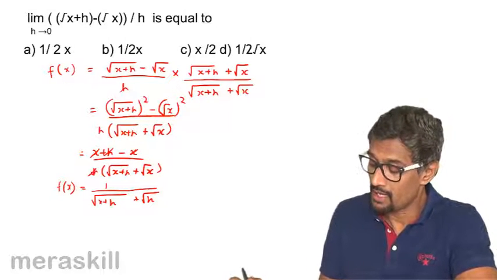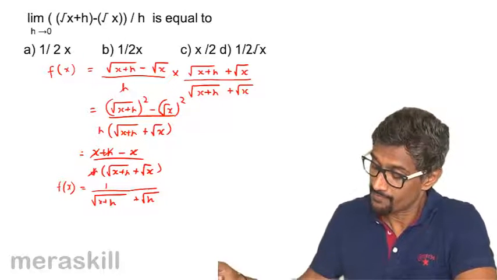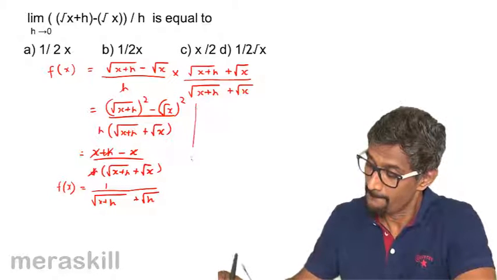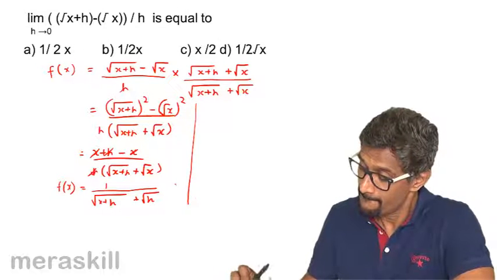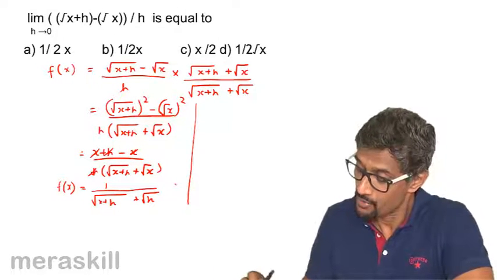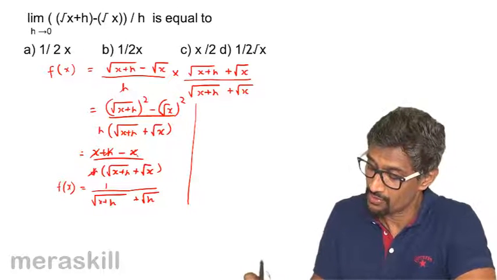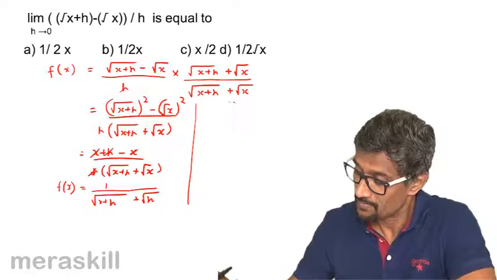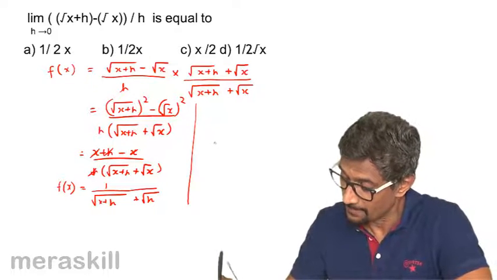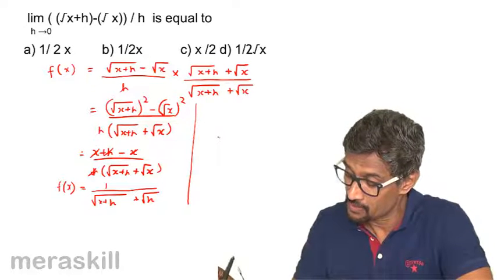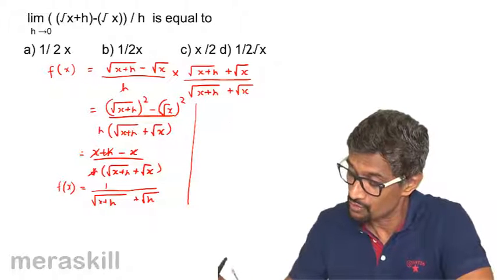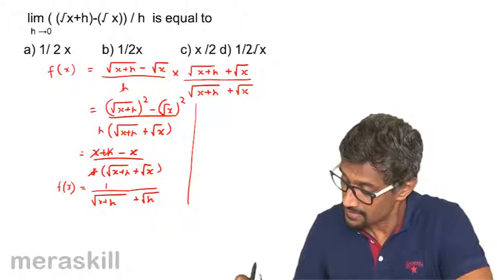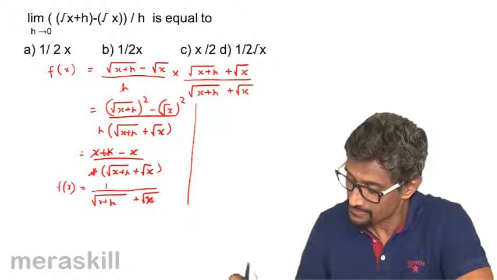And you have been asked to find out, you have x plus h. So okay, as h approaches 0, so you end up getting, this is x of course, sorry, x.